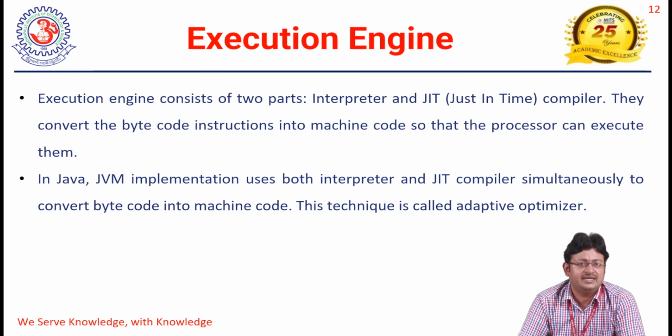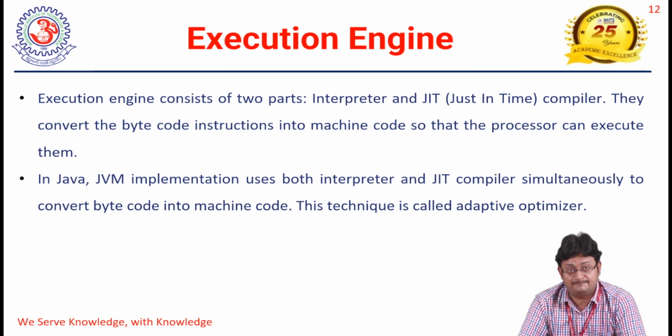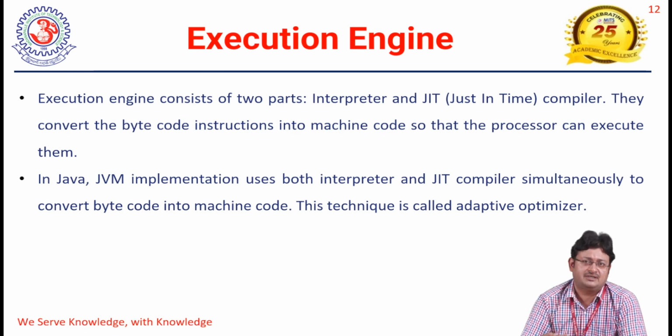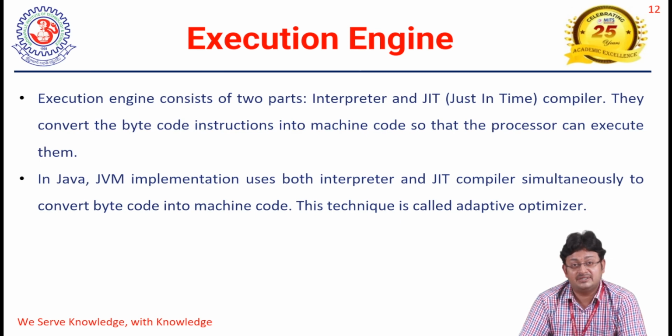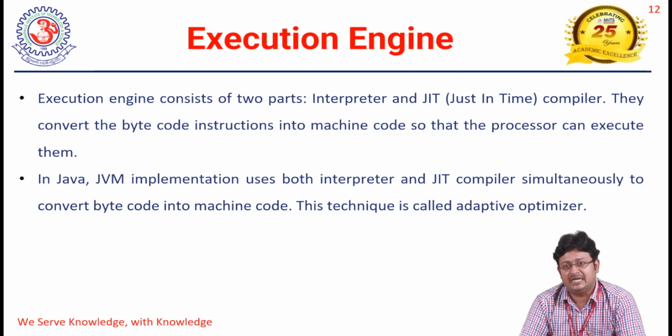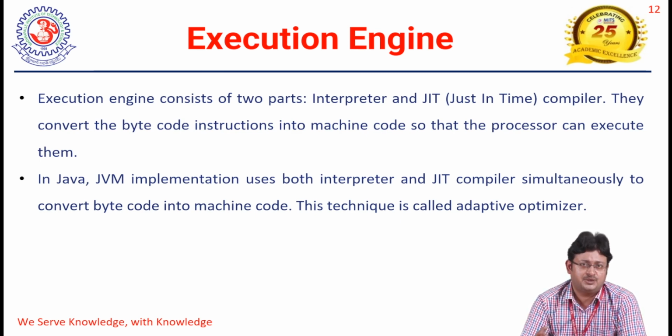This technique is called adaptive optimization, which improves the performance of the Java application. If I execute each and every line only with the interpreter, it may impact the performance. To overcome that problem, we use the JIT compiler to optimize the performance of the Java application.